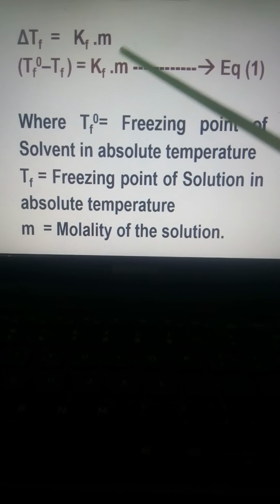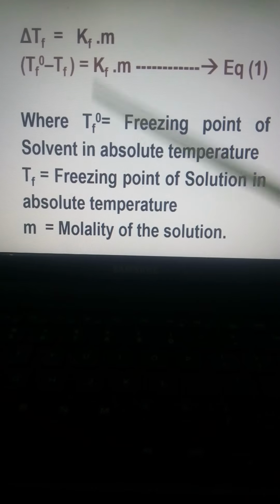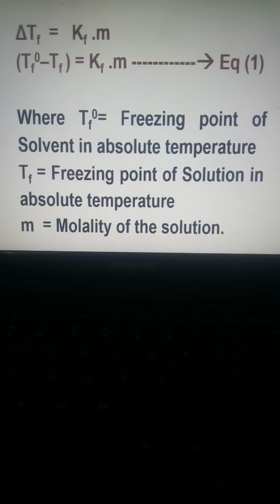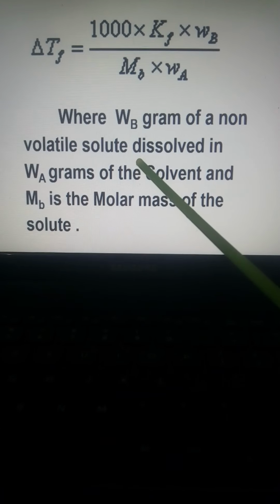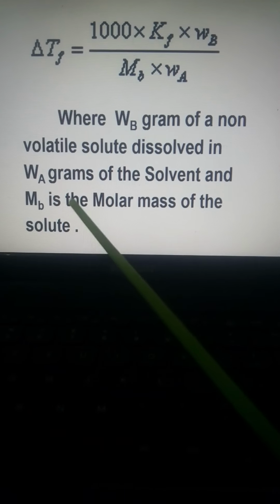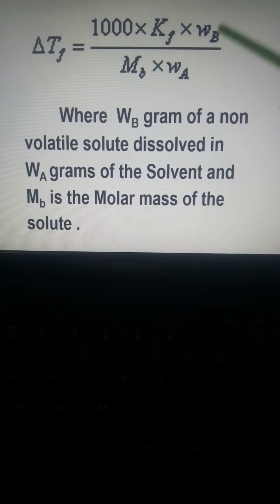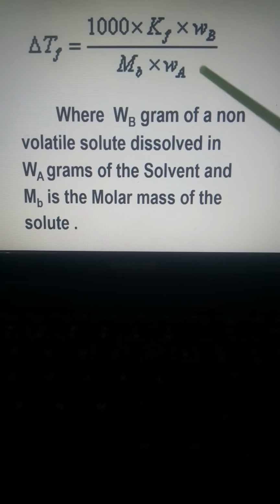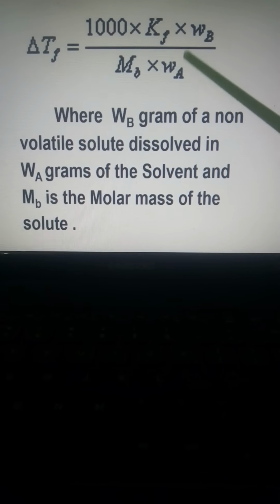Now we can express this m in terms of the mass of the solute and solvent. Molality means the number of moles of solute divided by the mass of solvent in kg. If WB grams of non-volatile solute is dissolved in WA grams of solvent, and MB is the molar mass of the solute, then WB by MB is the number of moles of solute, NB. The mass of solvent is in grams, so to make it kg we divide by 1000.